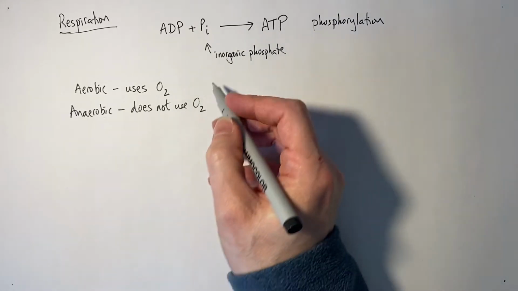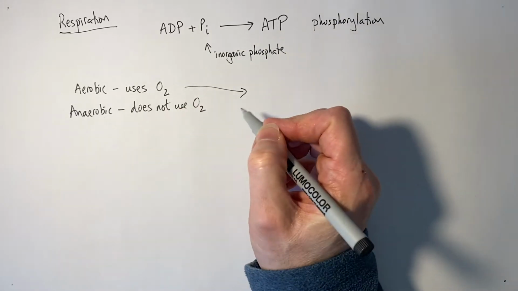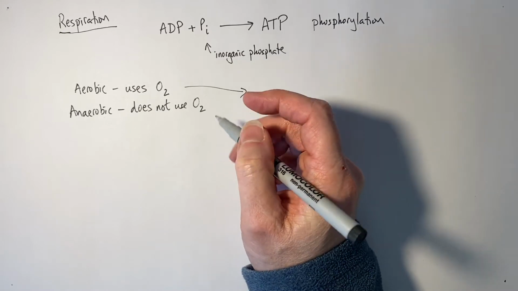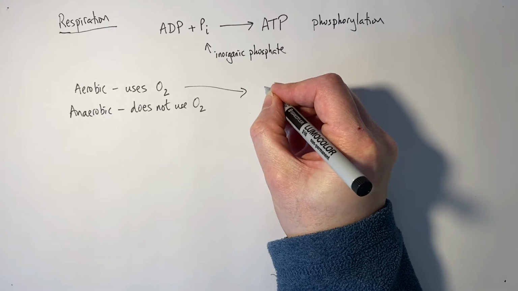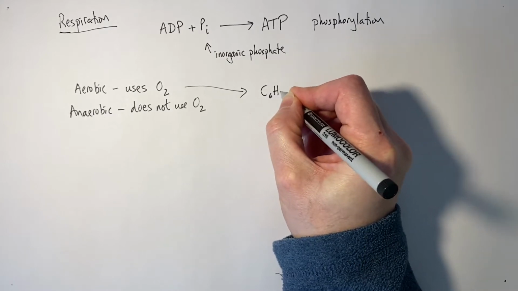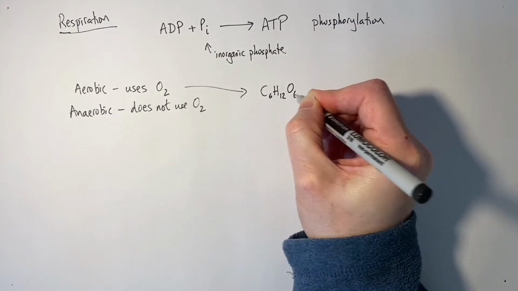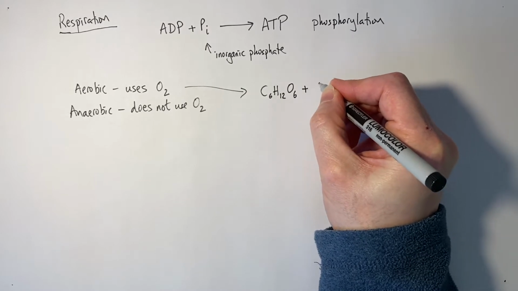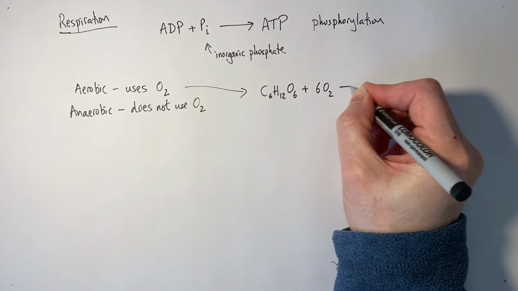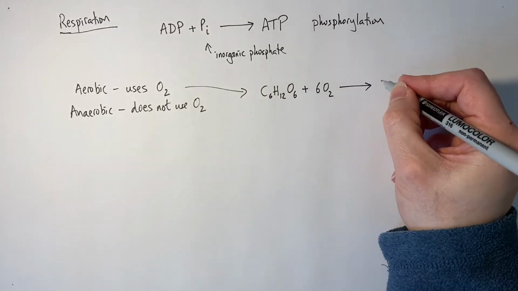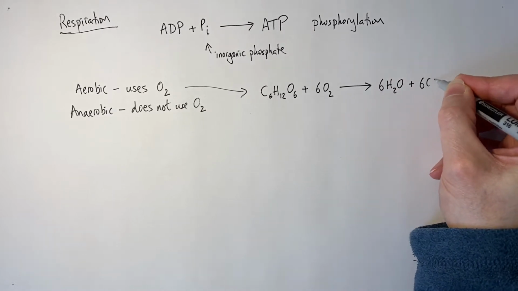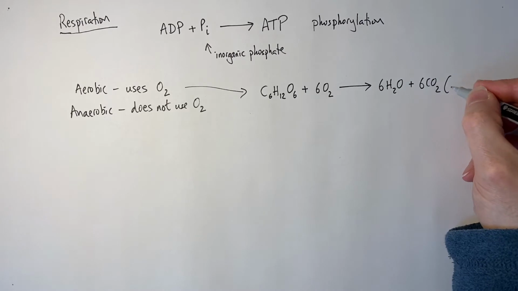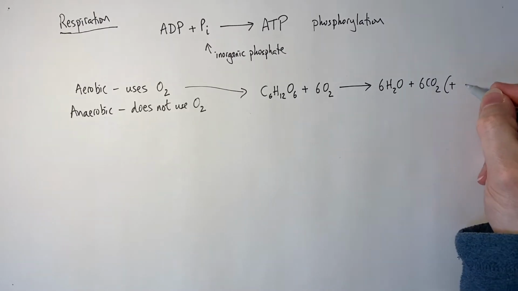The chemical equation for aerobic respiration is the reverse of photosynthesis. So basically, we get hexose, so glucose, that is combined with oxygen to form water, carbon dioxide, and then energy is released.